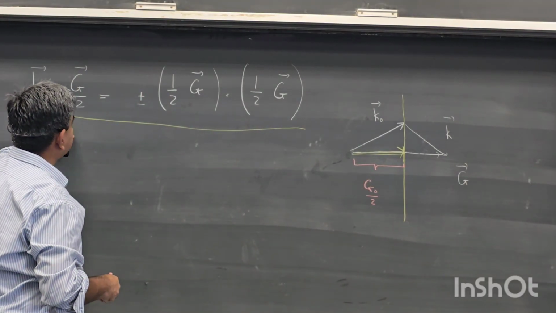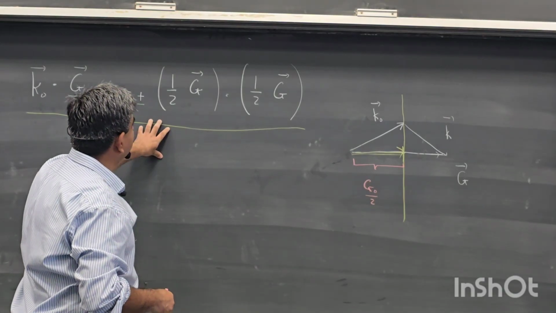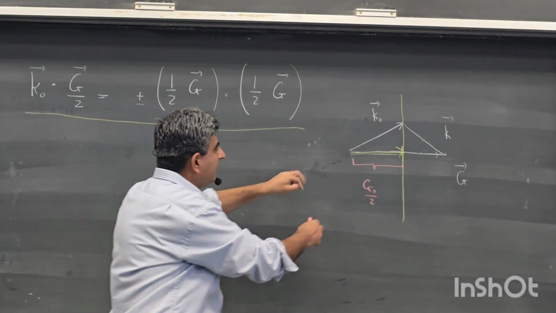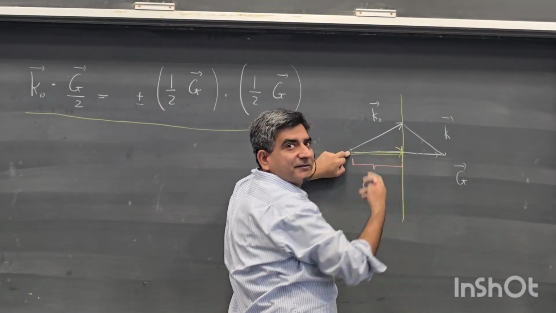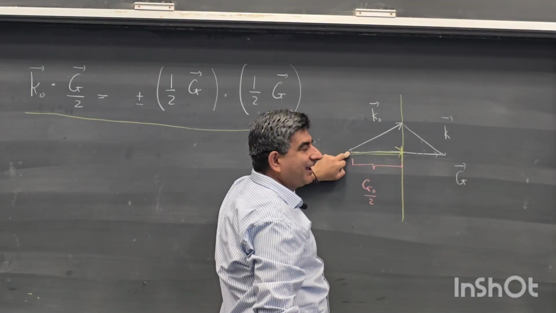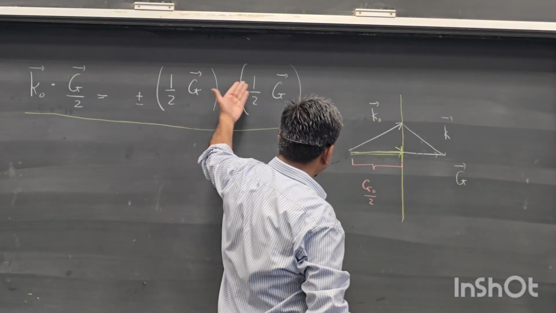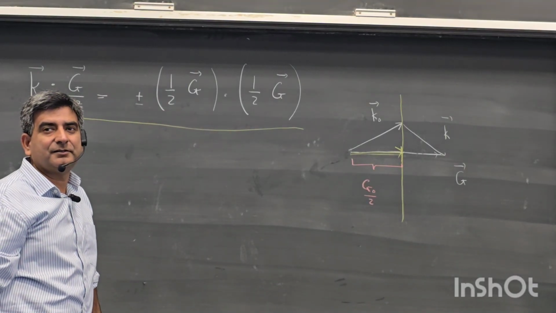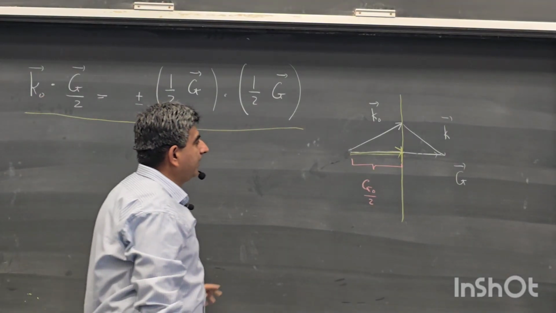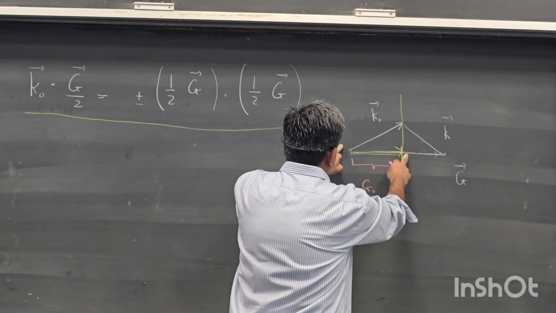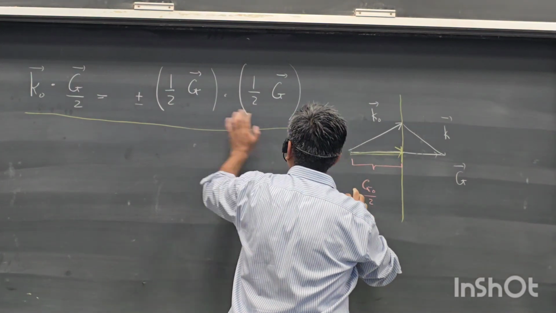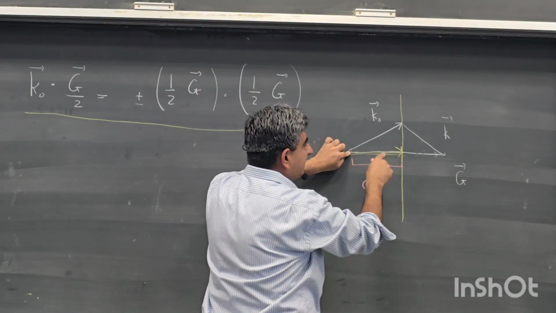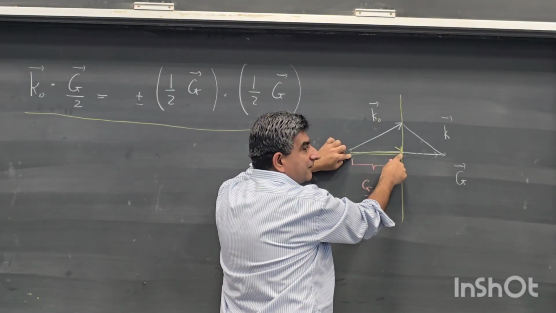So this projection is equal to the dot product of half of g with itself. And this is the diagram that explains this expression. So half of g is this much. Take the dot product of this with itself is the same as the dot product of k naught with this vector.